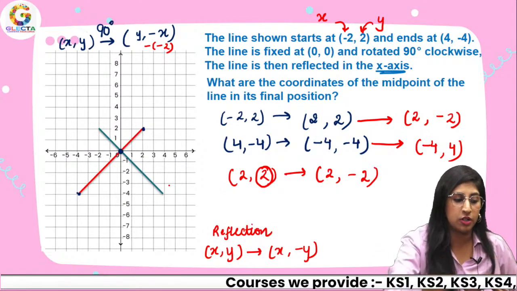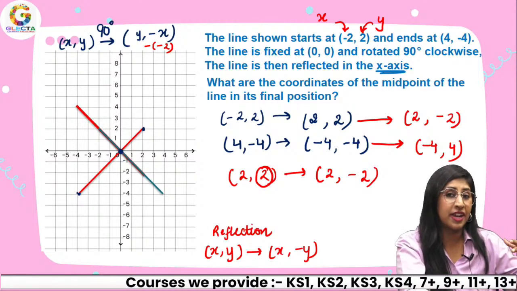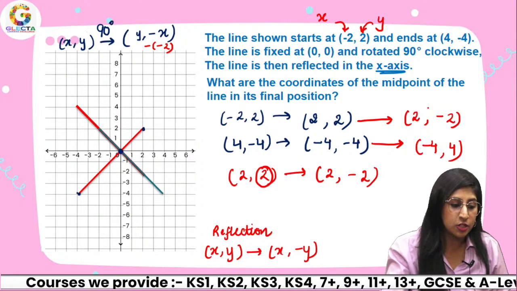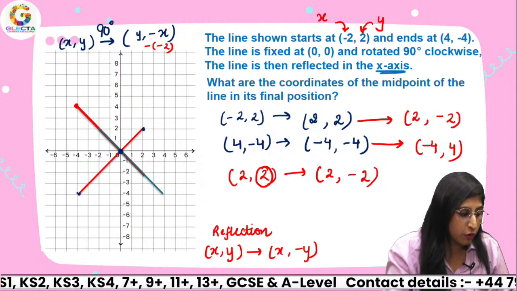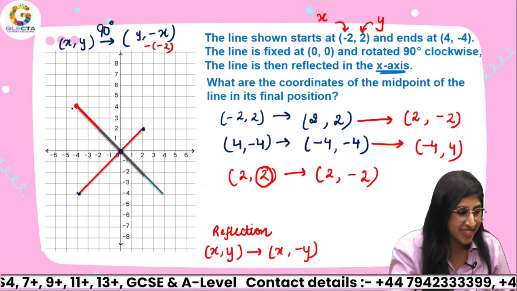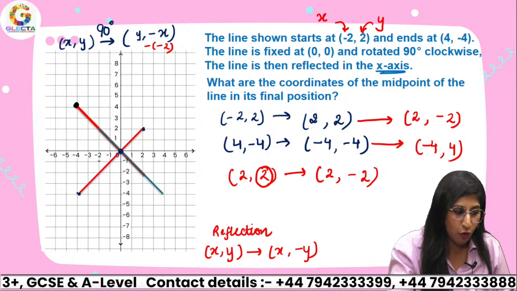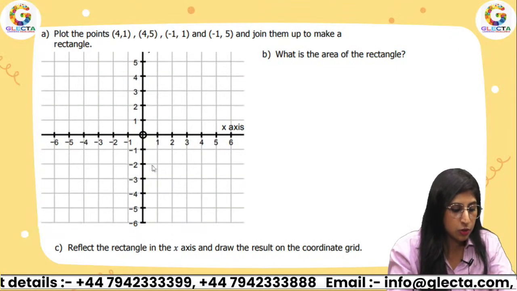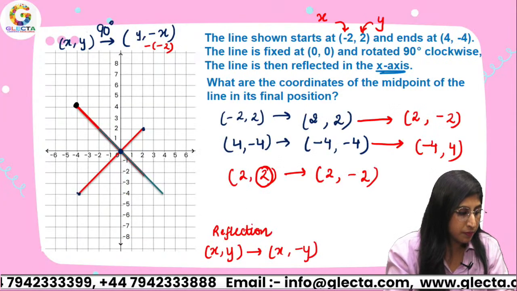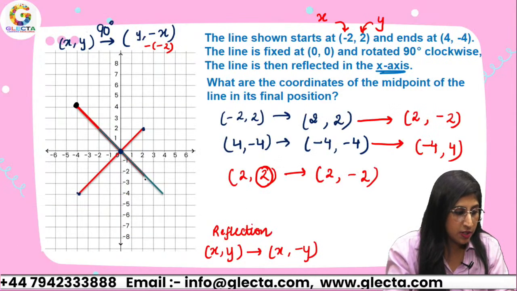So if I just calculate the final line, what am I getting? 2, negative 2 and negative 4, 4. Okay, let me change the ink so that you can see it clearly. This is negative 4, 4, and over here we have 2, negative 2.